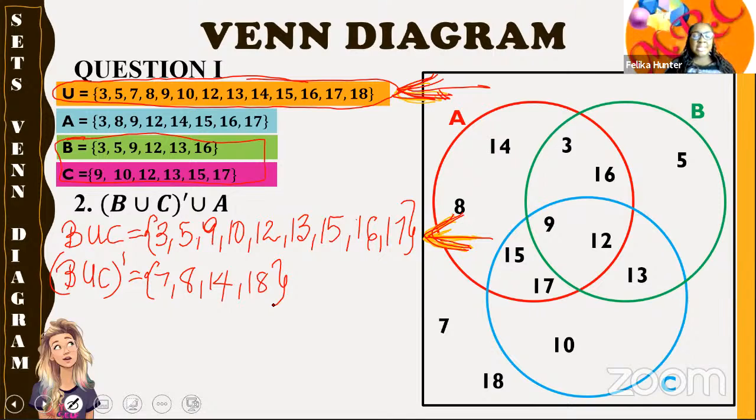That's what the complement is asking for. So we have B union C complement, and now they ask us to do the last part: B union C complement, which we just found, and we're going to group it with A.